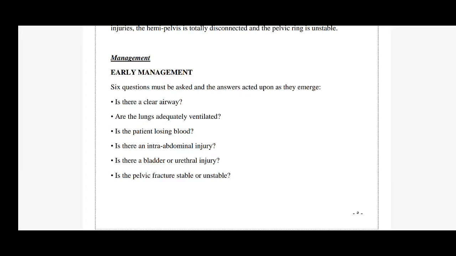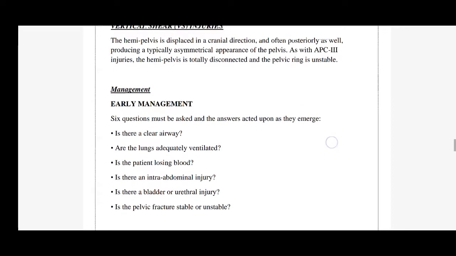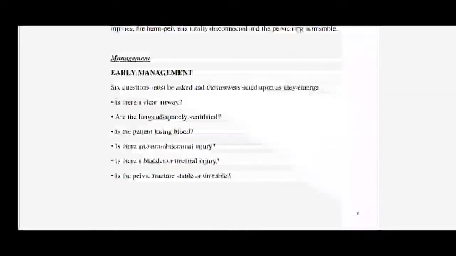The first question, is the airway clear? Are the lungs adequately ventilated? Is the patient losing blood? Is there an intra-abdominal injury? Is there a bladder or urethral injury? And is the pelvic fracture stable or unstable? It's a very important question and should be answered in dealing with any patient with pelvic fracture.